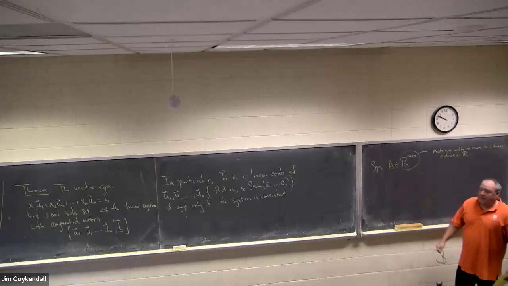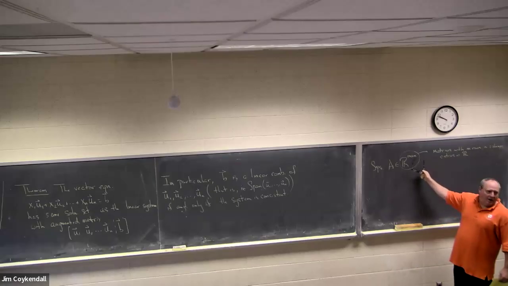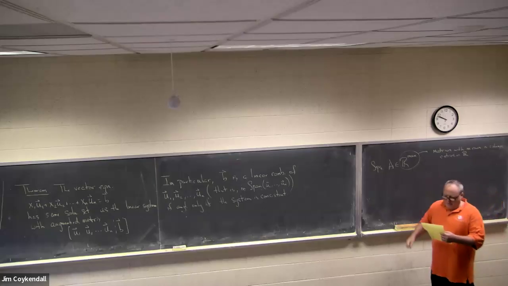When I wrote R^m, that's m by one, those are just vectors. So now instead of vectors, instead of n by one, I've got m by n. This is more general.